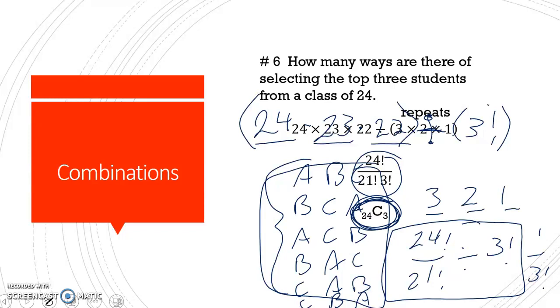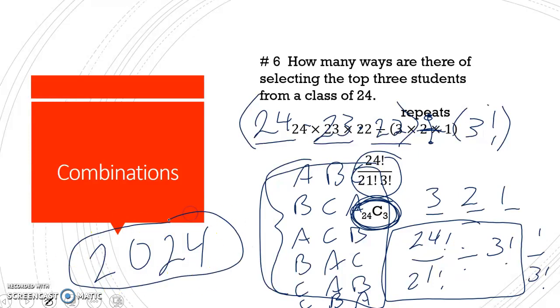I'm picking 3 people, and now you can see there's only 2,024 different ways of selecting the top 3 individuals. So if at the end of the semester I give awards to the top 3 people in the class, and there's 24 people in a class, that means there's 2,024 different ways to give out those awards.